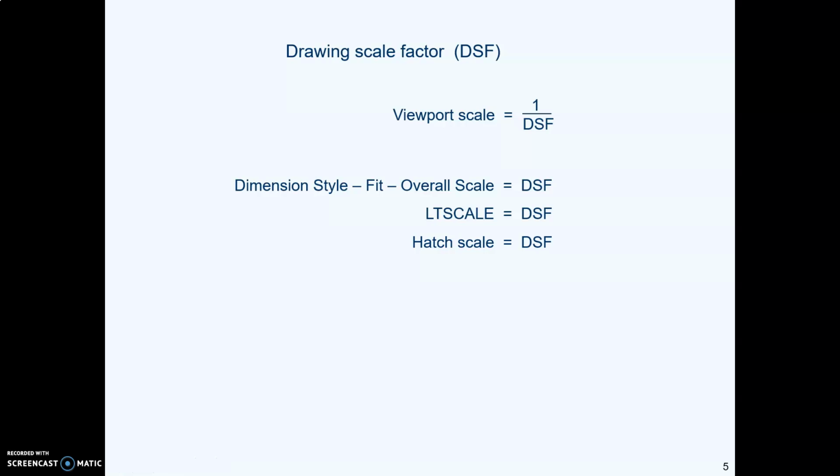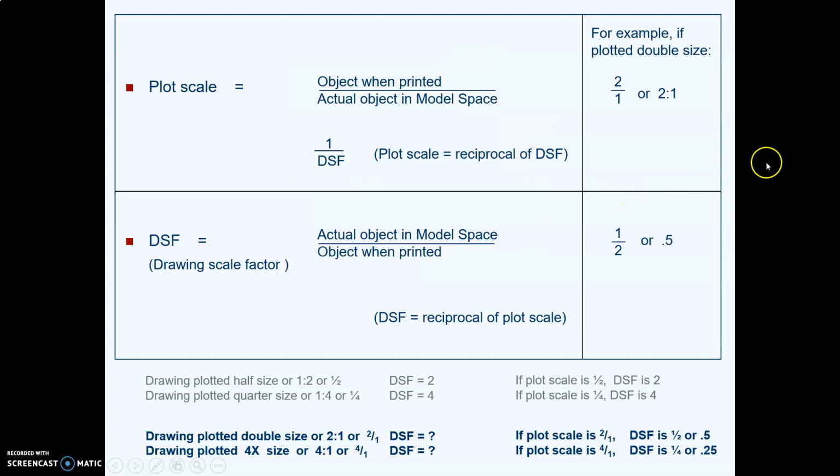For now, let's just remind ourselves that whatever your viewport scale is, your drawing scale factor is the reciprocal. So if your viewport scale were 2 to 1, your scale factor would be 1 to 2. And I try to show that in this table. I'm sorry there's so much text on here.